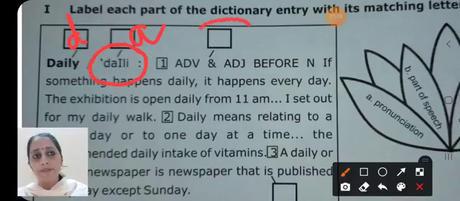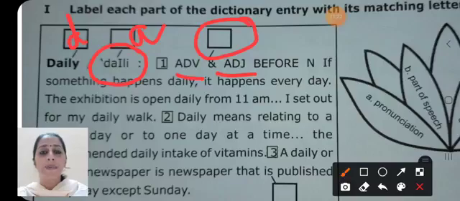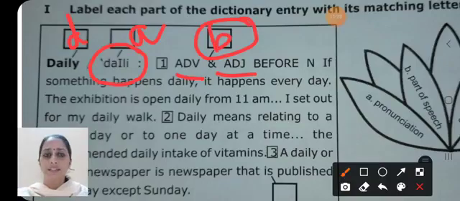Next box happens to come here. So adverb, adjective. This is parts of speech. Perfect. So parts of speech is B. Clear, students? And then we have the definition. If something happens daily, it happens every day.